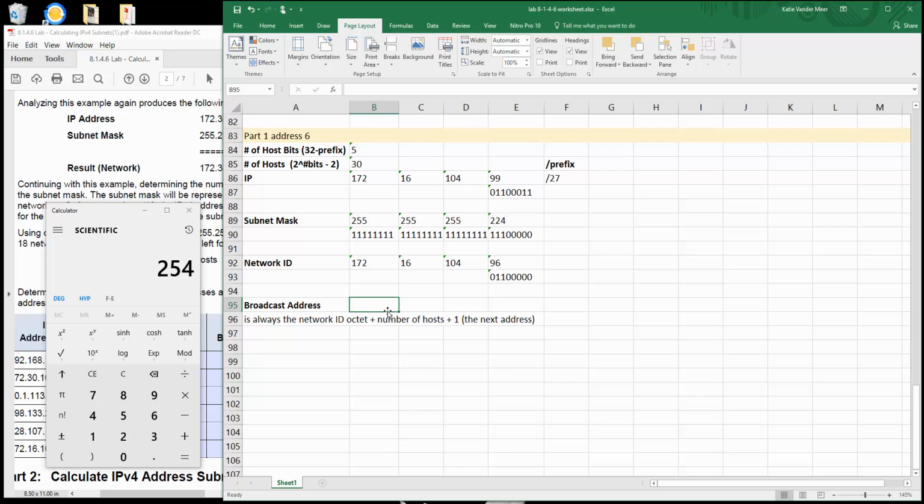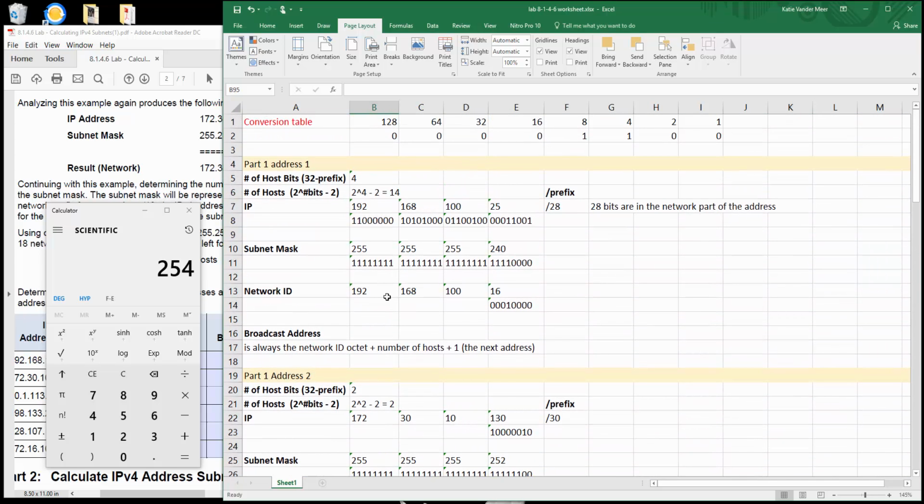Last thing we need to know, broadcast address. So let's look up at the top. Let's start over. It's always the network ID plus the number of hosts plus 1. So what my network ID is 192.168.100, and then my broadcast address is going to be, here's my network ID, so I'm going to add how many hosts I have to it, which is 14 plus 1.